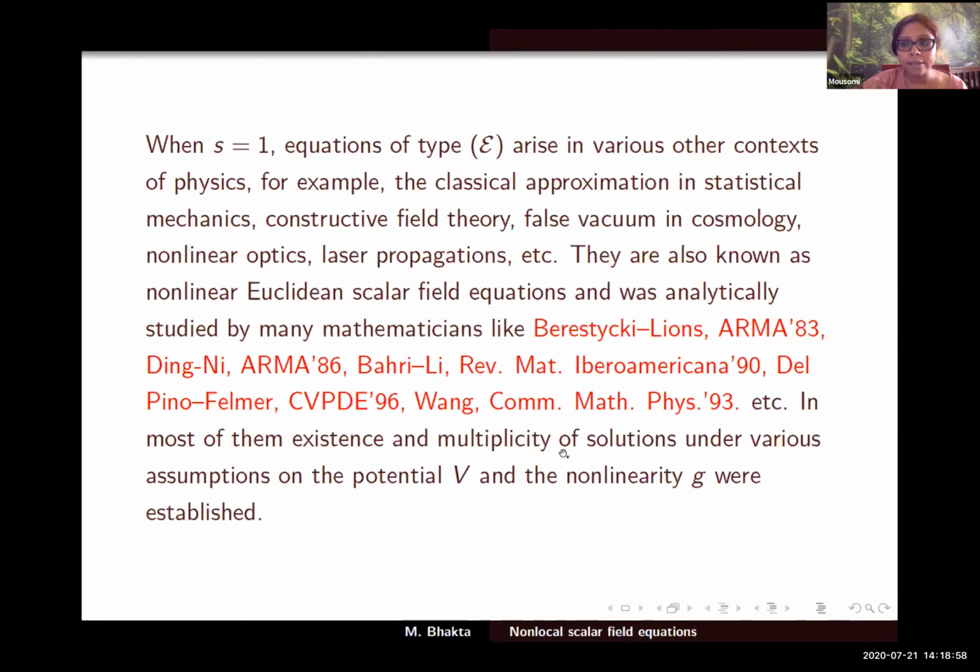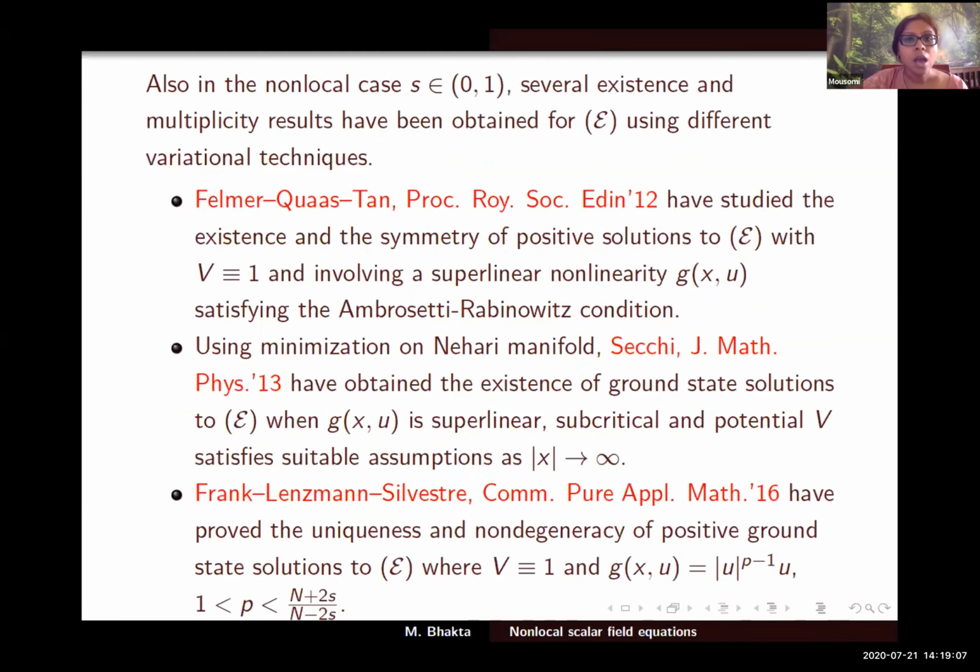Most of them dealt with the existence and multiplicity of solutions under various assumptions on the potential function V and the nonlinearity g.